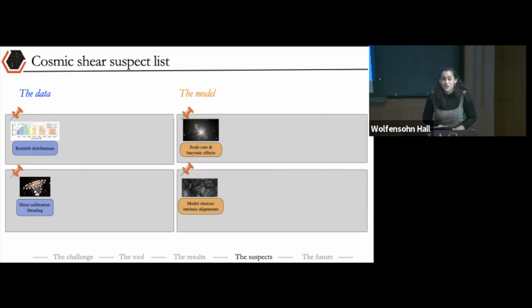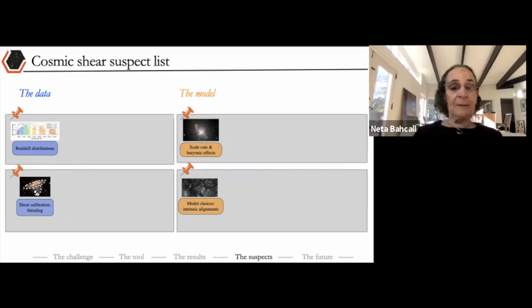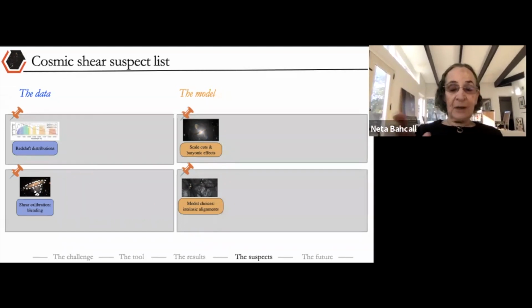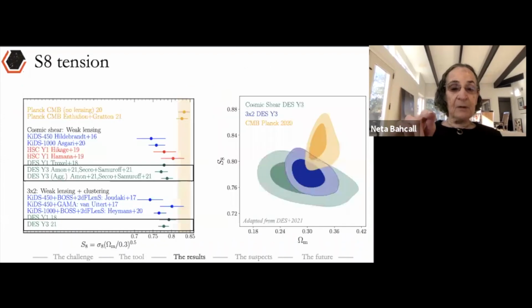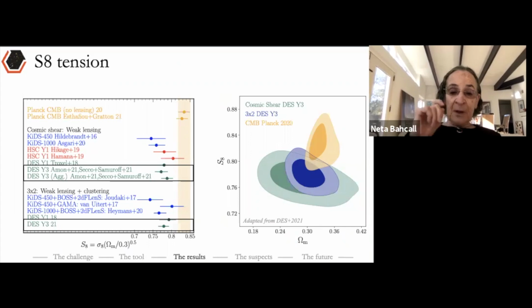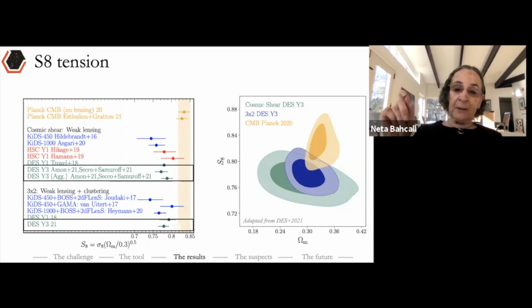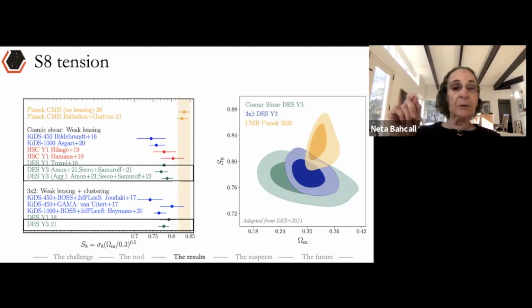Nita has a question. Sure, sorry. Yeah, hi Alex. A quick question on the sigma 8, on that plot. Because Planck gets a higher omega matter than many of the large scale structure observations, and S8 includes the omega matter in it, does that mean that their sigma 8 is consistent with the lensing measurements?